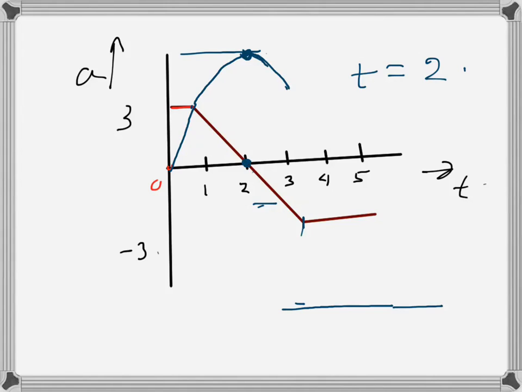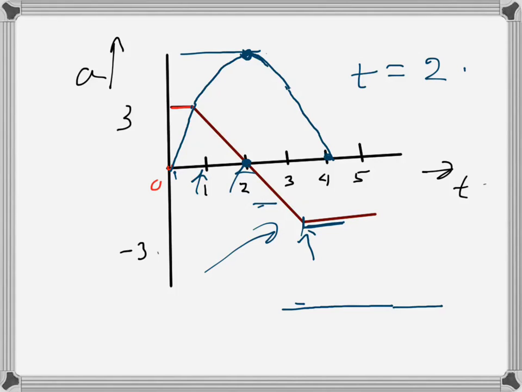Then if we look at this graph, this one is 0, then 1, then 2, and then up to 3 this is accelerating in the opposite direction, so the velocity is decreasing, that means it is decelerating in the same direction. And then from 3 to 4 the acceleration is constant, so the velocity will decrease linearly, and at 4 it will reach 0, because up to 2 it has accelerated in one direction, and from 2 to 4 the values are the same in the negative cycle.